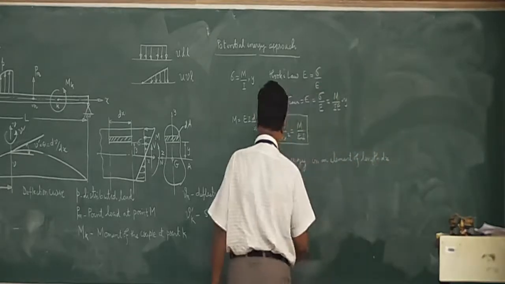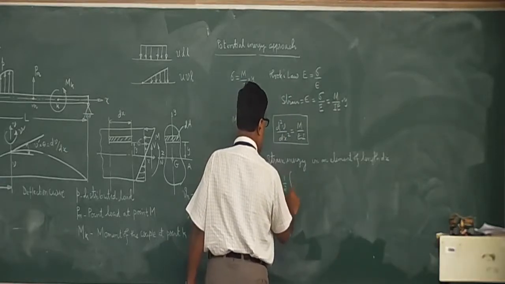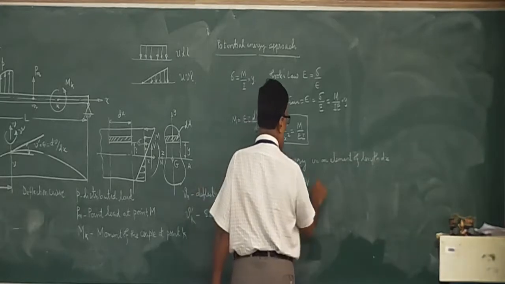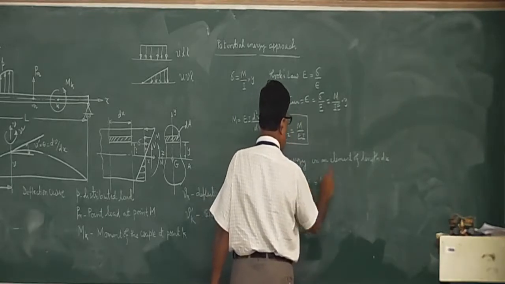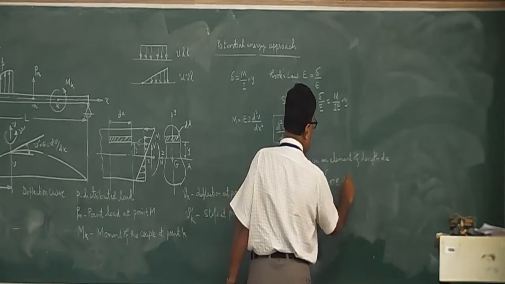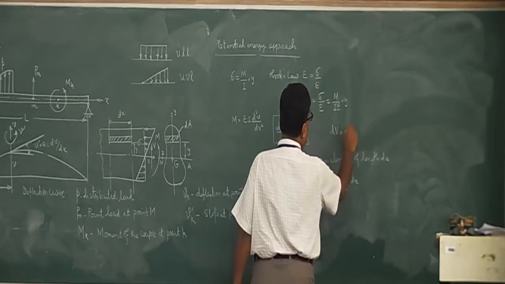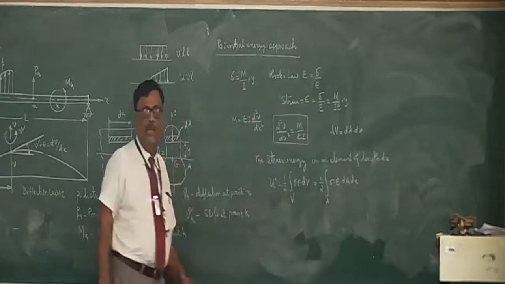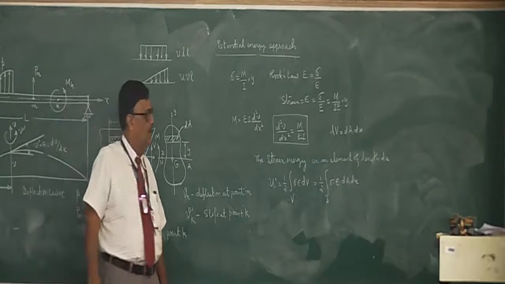What is this? Tell me. UE is always given by half integral of sigma into epsilon into dV over the volume, and when you convert this into over the area, this is sigma epsilon into dA into dx. The volume dV for this, since both area and the length are elemental in nature, we write the elemental volume as the product of dA into dx.